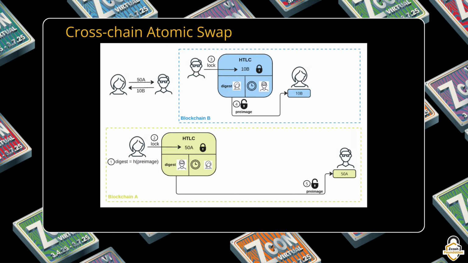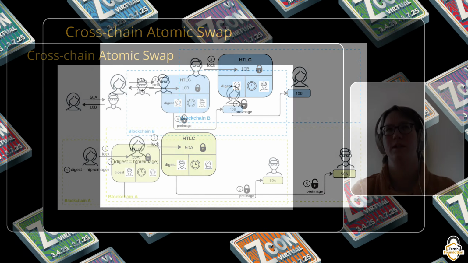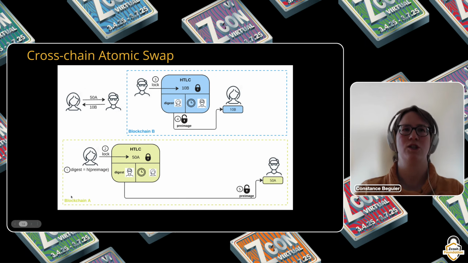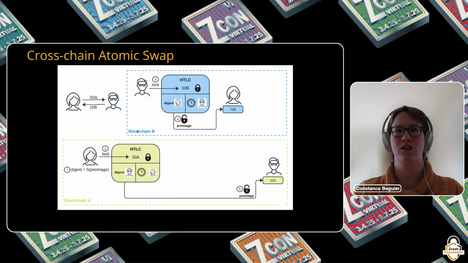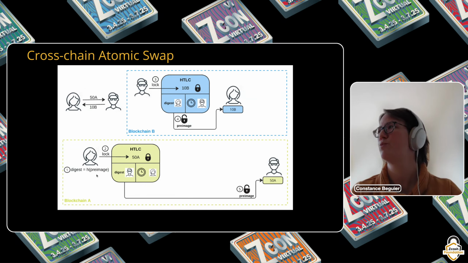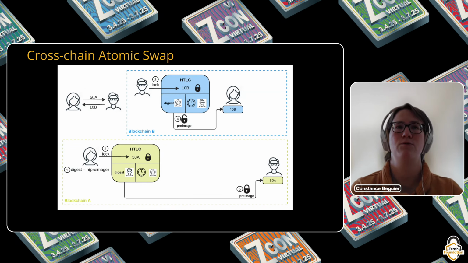So how could we implement a cross-chain atomic swap with HTLC? We assume that HTLC is already implemented on both blockchains, blockchain A and blockchain B. First, Alice will choose a random number, which is called the pre-image. She will evaluate the hash of the pre-image to obtain a digest.